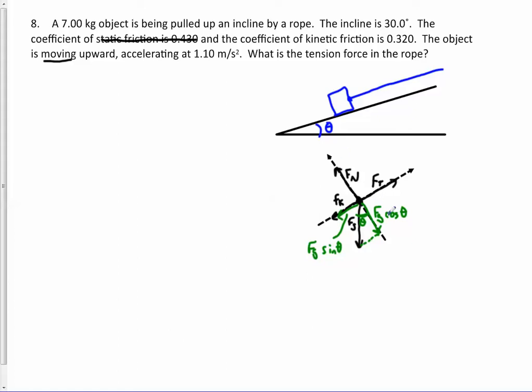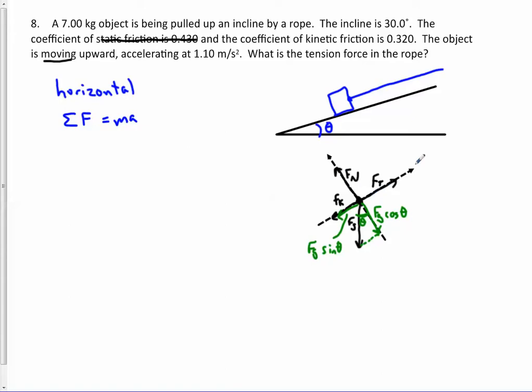Now the vertical, we know this object does not move vertically, so these two cancel each other out, and we probably don't even have to write that down. So we do the horizontal, F equals ma. And we have three forces in the horizontal direction.